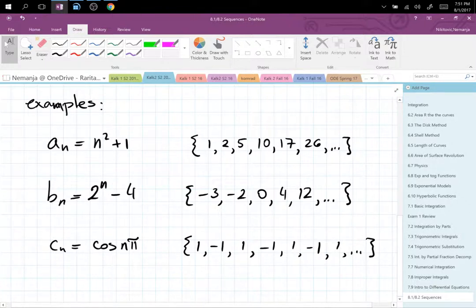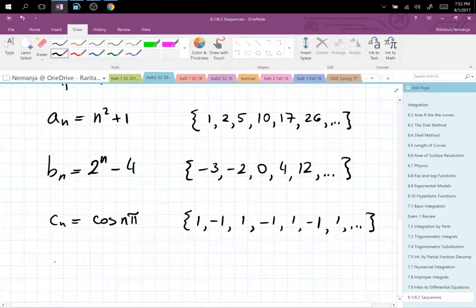So you see examples of some sequences. You have the formula, and you get to generate the sequence. Let's do one more.